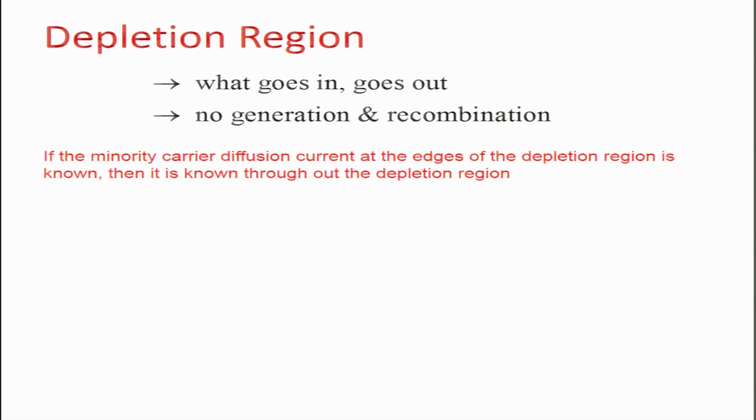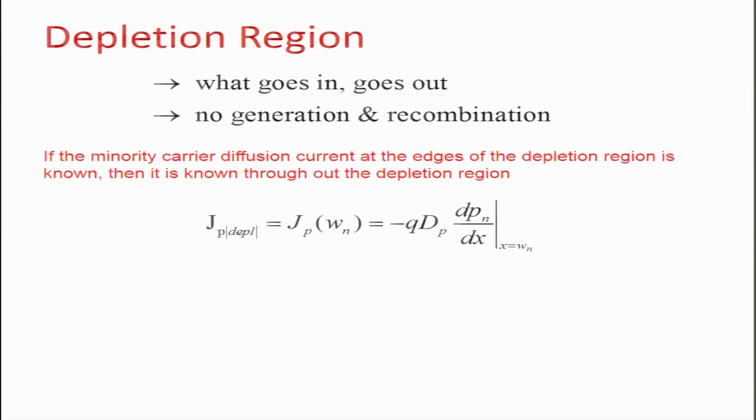We saw from the previous diagram that if the minority carrier diffusion current at the edges of the depletion region is known, then we know the total current throughout the depletion region as well as throughout the device. So we can write Jp at the depletion edge is equal to Jp in the depletion region is equal to Jp at Wn, which is equal to minus q Dp dPn by dx at x equal to Wn, right.